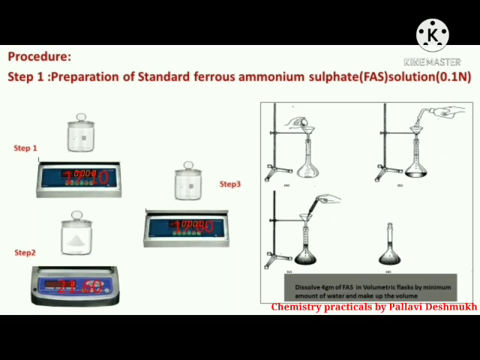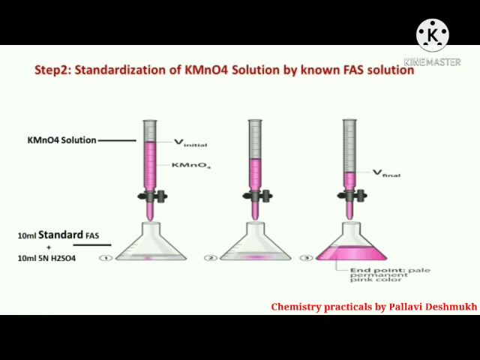Now transfer the substance from the weighing bottle to the 100 ml volumetric flask with the help of the funnel and note down the weight of the weighing bottle after transferring the compound. Now dissolve the FAS in the minimum quantity of distilled water and make up the volume up to the mark.